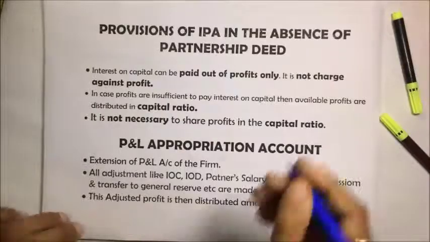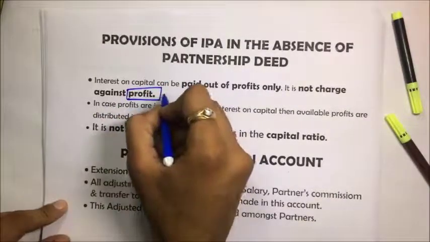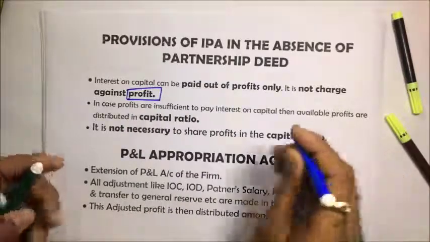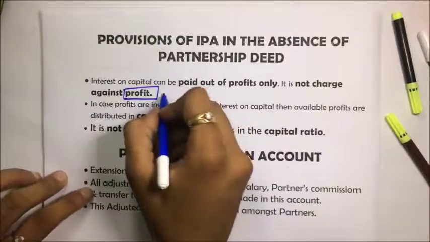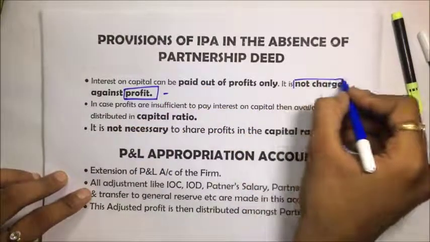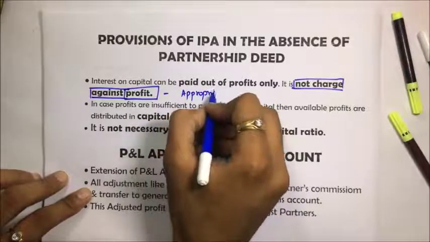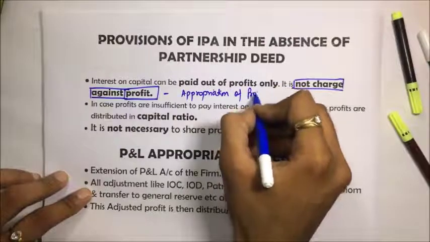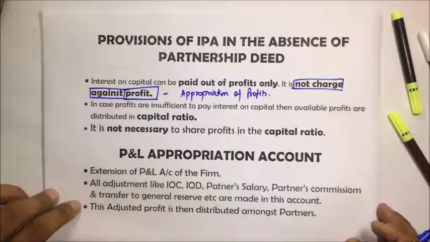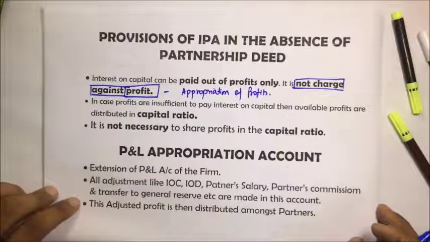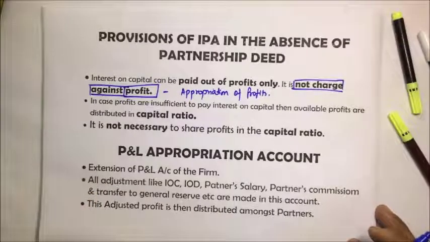If the firm incurs losses, partners are not entitled to interest on capital, because interest on capital is not a charge against profit. It is an appropriation of profits. Okay? So we will give interest on capital only when the firm has a profit. If the firm is suffering losses, interest on capital is not to be given.